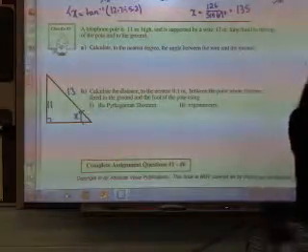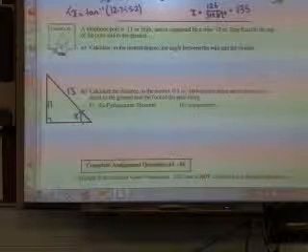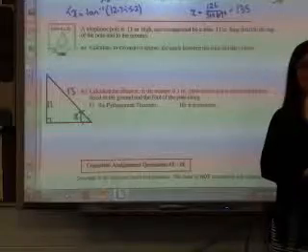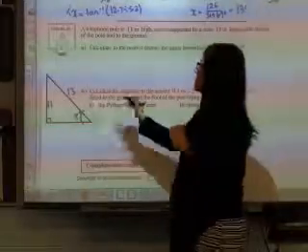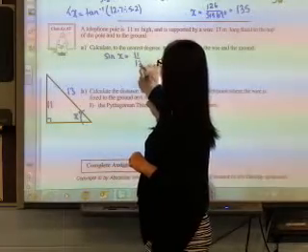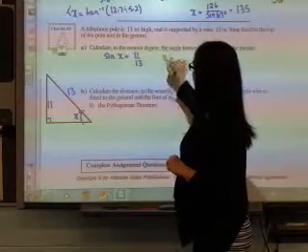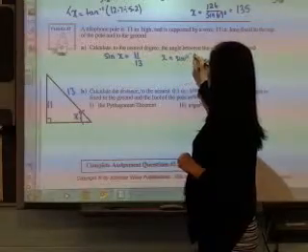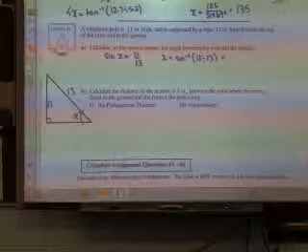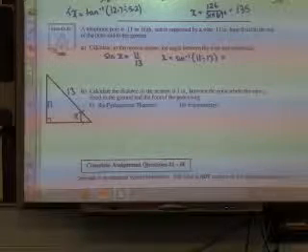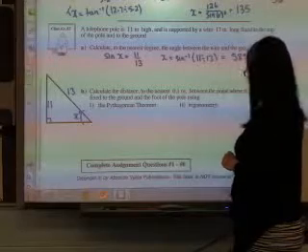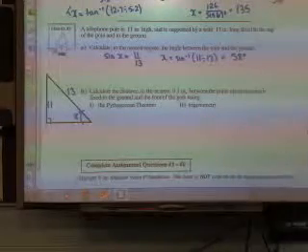So how would I calculate angle x? What would I use? Sine. So sine of angle x equals the opposite over the hypotenuse. Then angle x would be the sine inverse of 11 over 13. Okay.